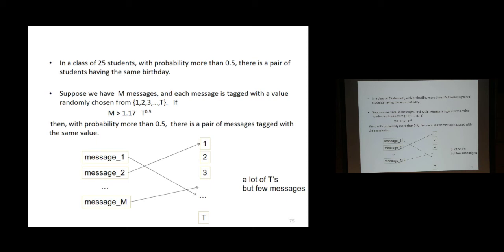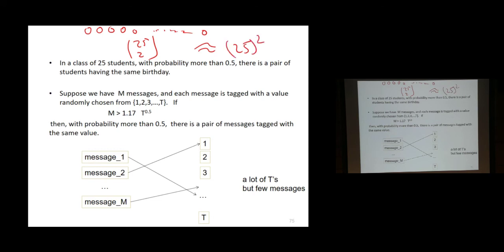So let's calculate the probability. The way that I view this is very simple. Suppose you have a class of 25 persons. How many pairs of students can we form? It's 25 choose 2. Just as an approximation, it's roughly within some constant factor of 25 squared.